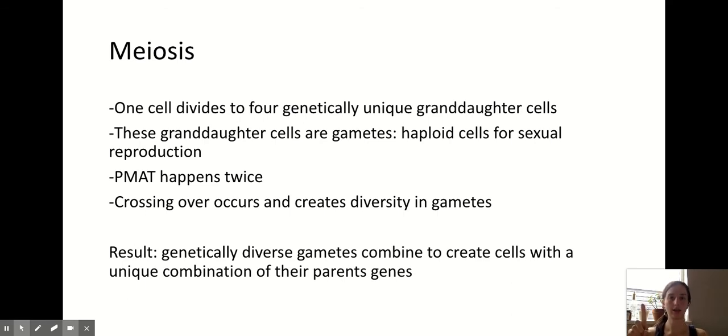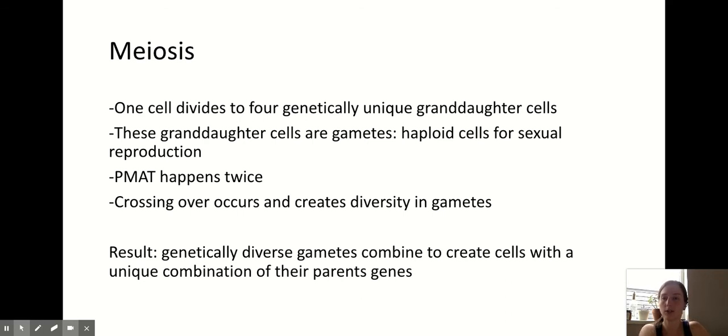One cell becomes four non-identical cells, and each of those cells has unique combinations of your chromosomes in them, and just one copy of each chromosome. So that's the big picture.